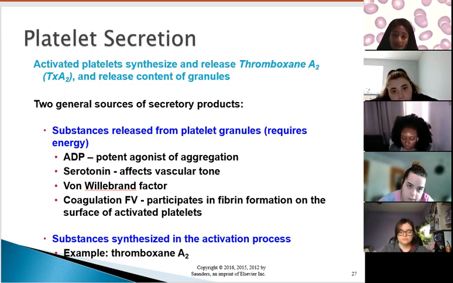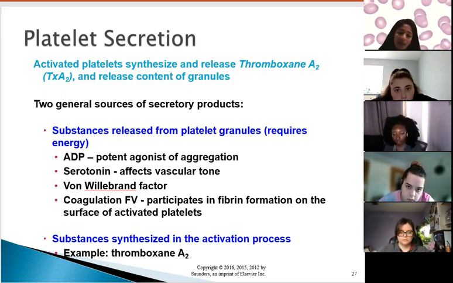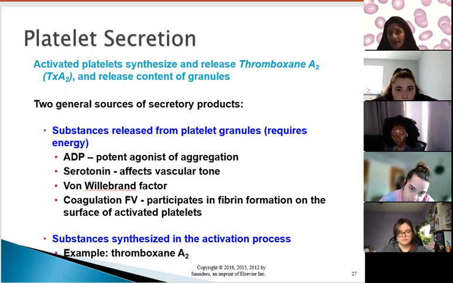Remember, we talked about platelets having these organelles, right? Dense granules and alpha granules, and they have things in them that help in the function of the platelet. So here is where all of that is getting released. Okay, so platelets start secreting thromboxane A2 and then the contents of the platelet granules.